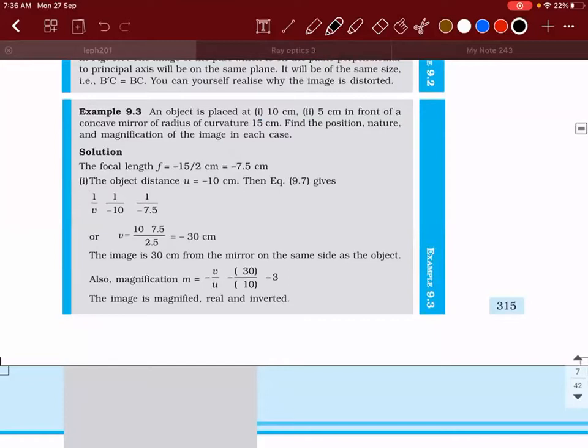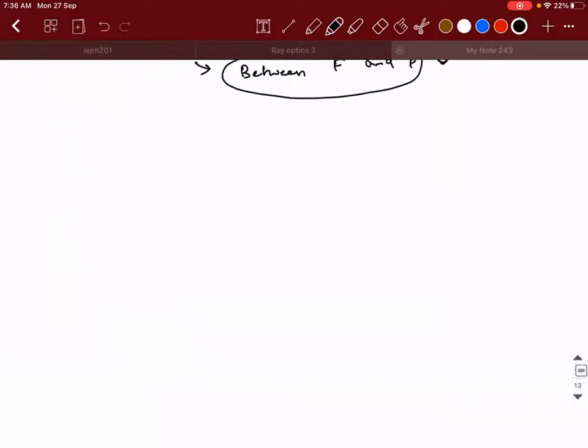We'll do one last concept, that is magnification, or linear magnification. Linear magnification is represented by the symbol M. What is going to be the formula? What is the definition of it? Any idea?